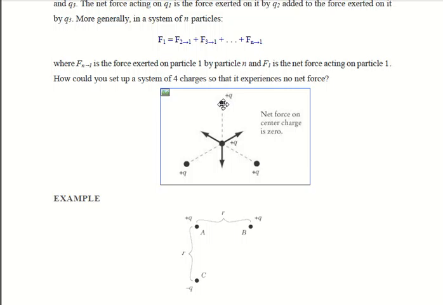So this one above it pushes it straight down. You can see that force vector here. This charge pushes it to the upper left. This charge pushes it to the upper right. Overall, it's going to have 0 net force. The horizontal components of the net force cancel out, and the vertical components cancel out.